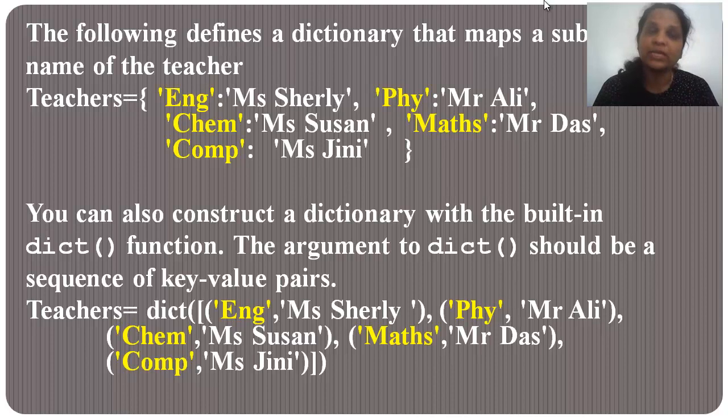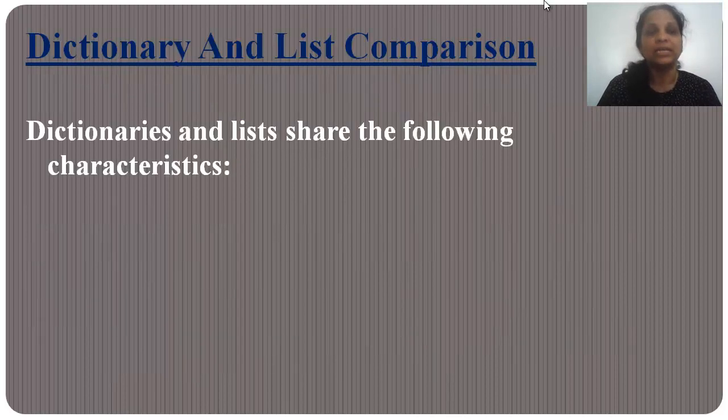So can you see the square brackets also there? And they have been created using a function called dict. So can you see round brackets in the beginning and at the end? That determines the opening and the closing bracket of the function's parameters. Okay, both ways you are creating a dictionary called teachers. I would generally use the first method of creating a dictionary. Is that clear? Okay, so let's get ahead.